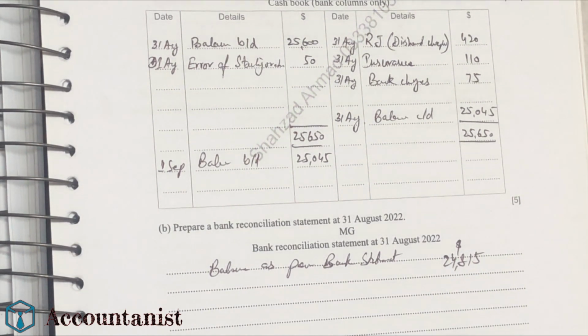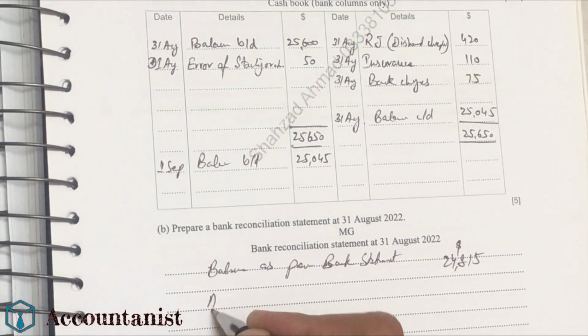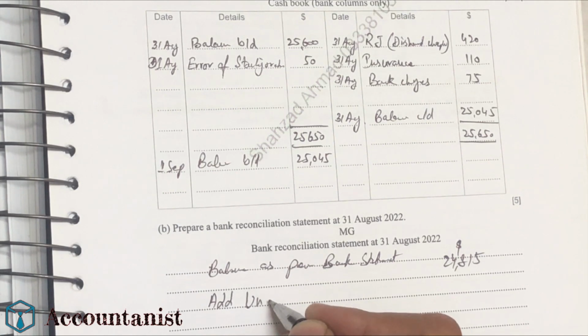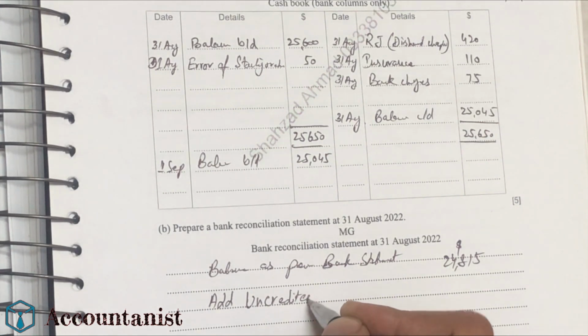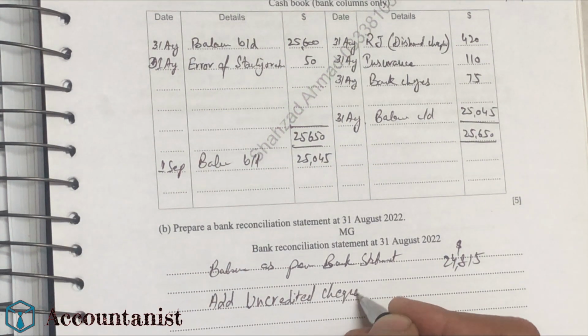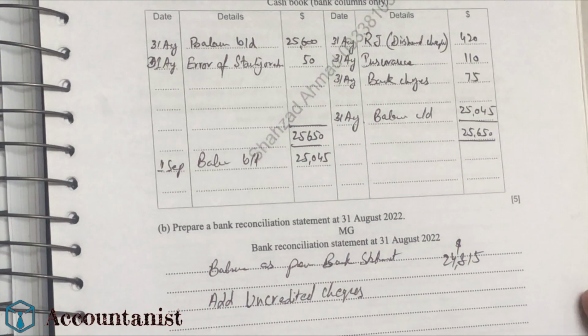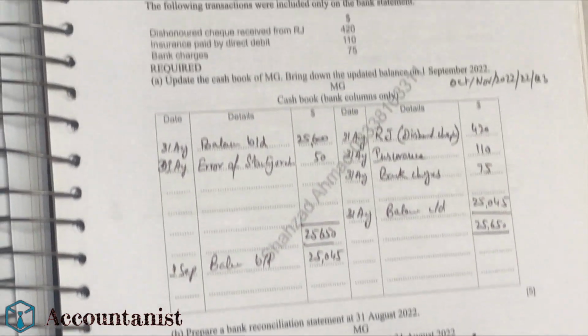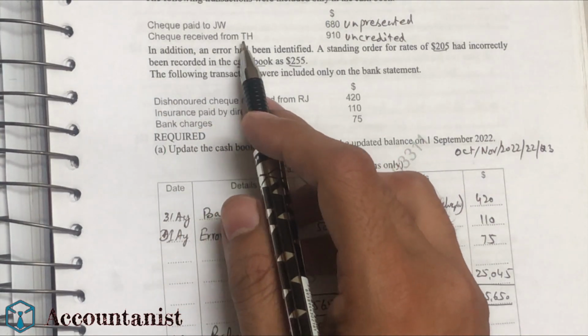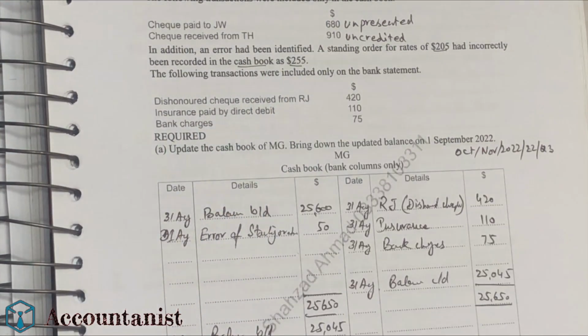In this format, we know that we have to add the uncredited checks, because those deposits are not yet added here. The uncredited check that we have in the question is the check received from TH, 910.